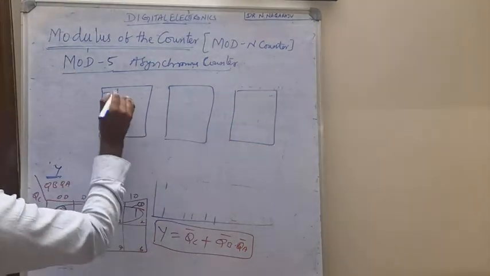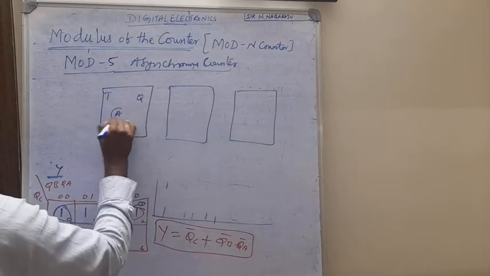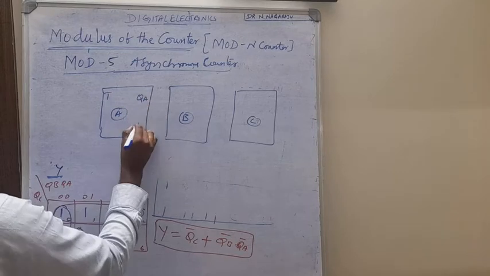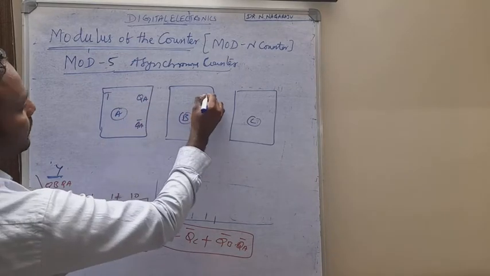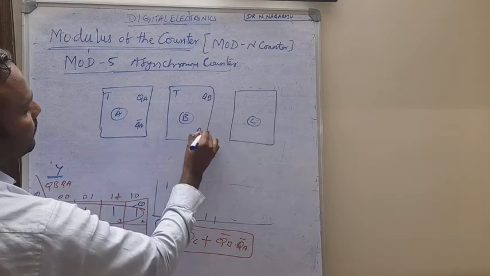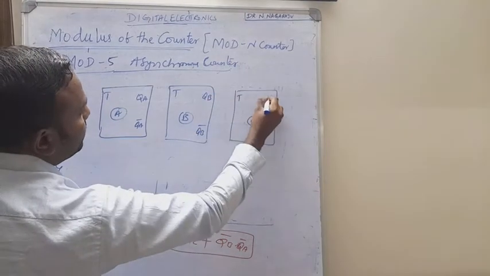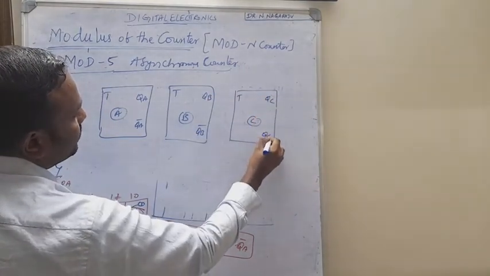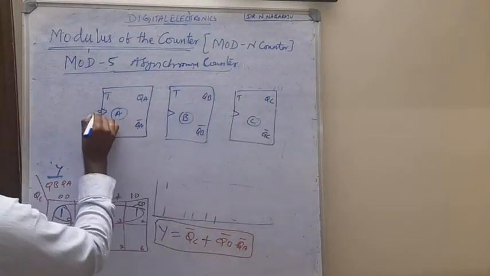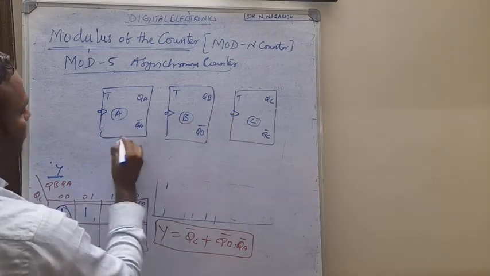So here T, and this is flip-flop A, flip-flop B, flip-flop C. So QA and QA bar, then T, QB and QB bar, and this one T, then QC, then QC bar, right? Same thing, clock signals are there, and also clear signals.